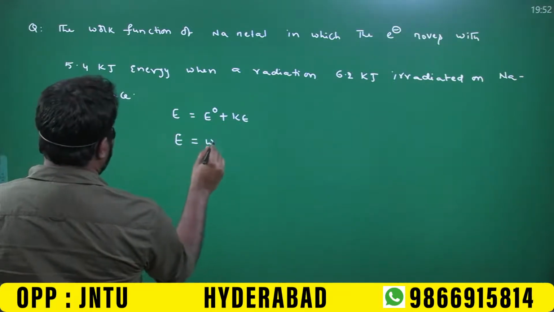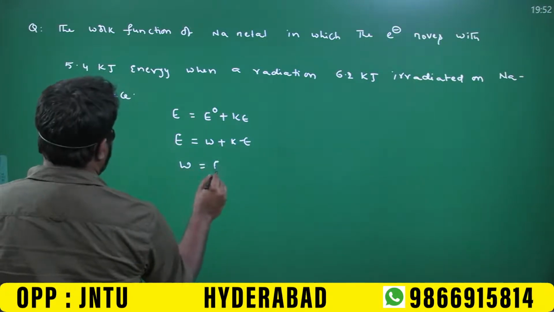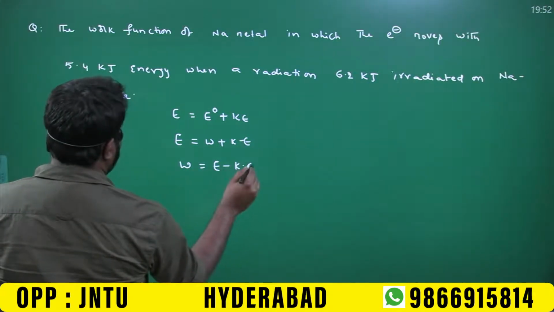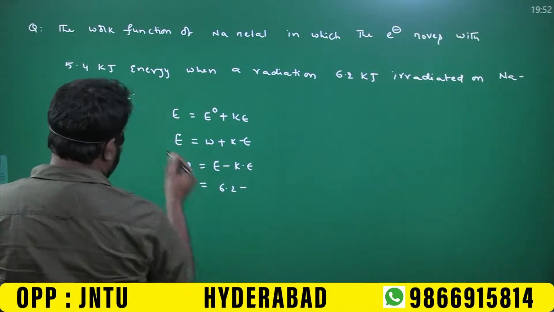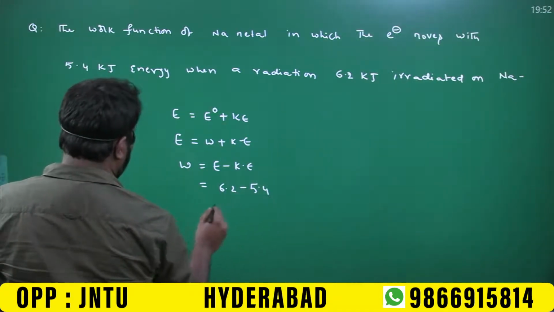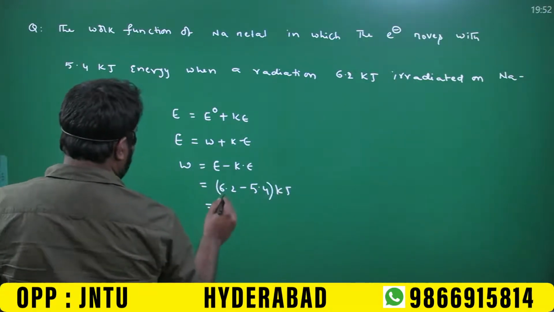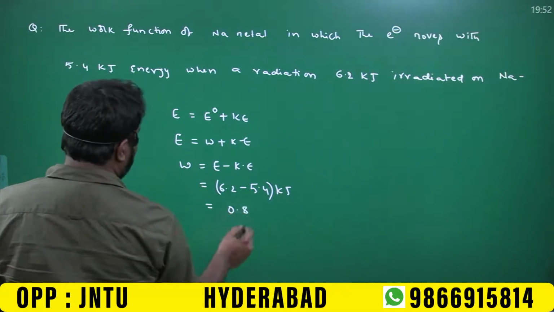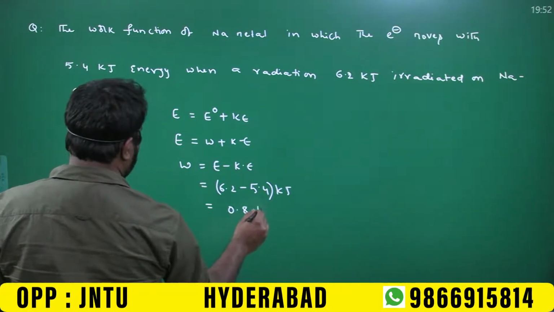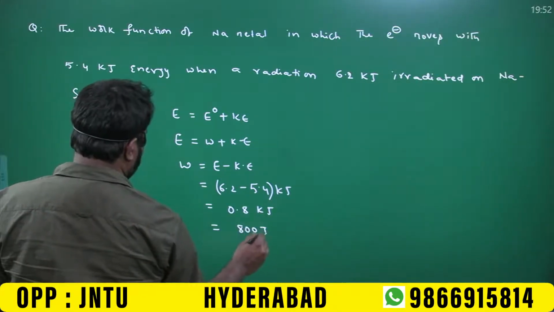E equals work function plus kinetic energy. Then work function equals E minus kinetic energy. Energy irradiated 6.2 minus kinetic energy 5.4 is 0.8 kilojoules, that is 800 joules.